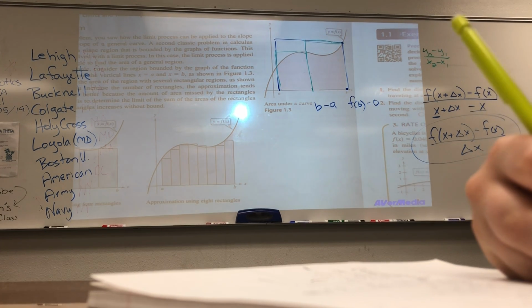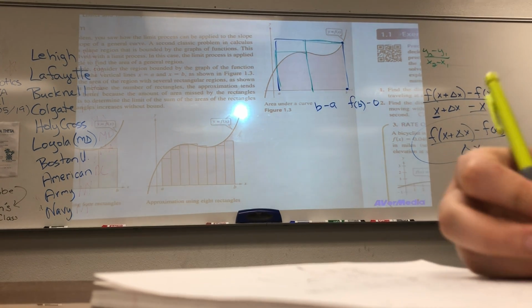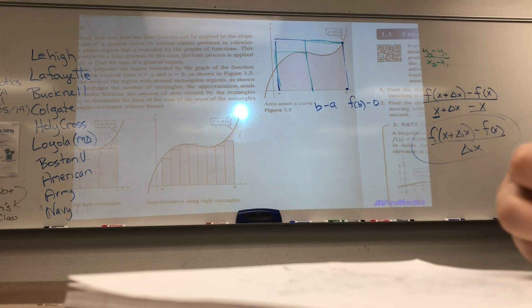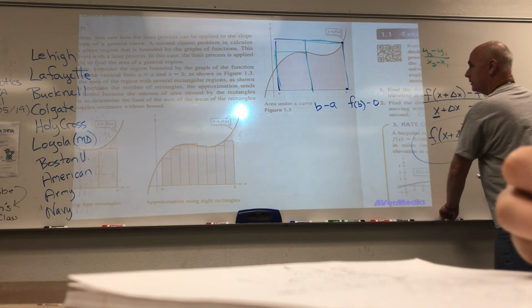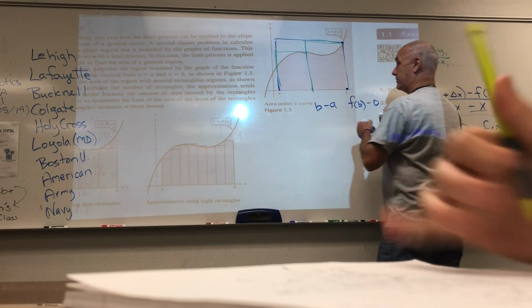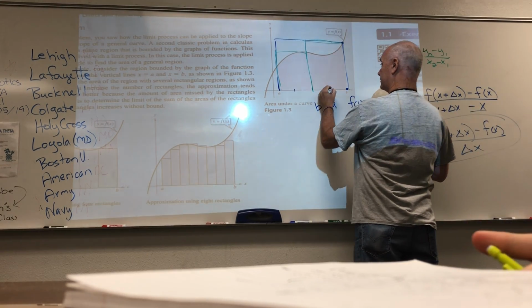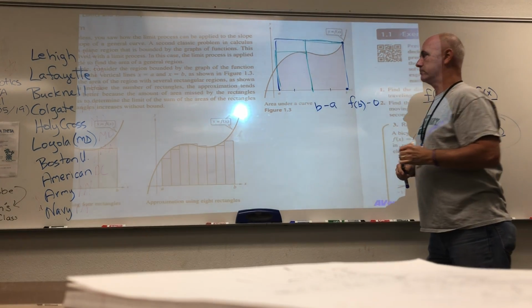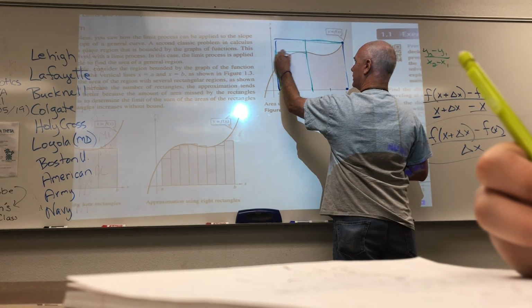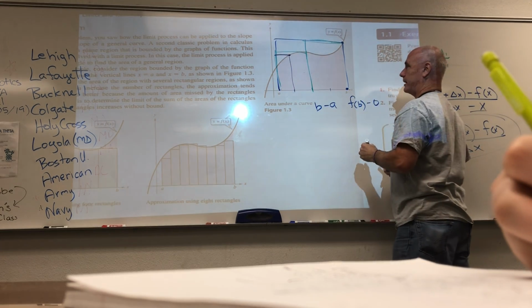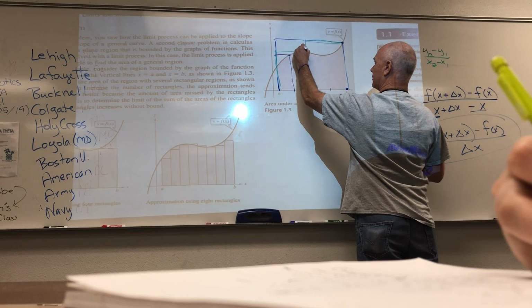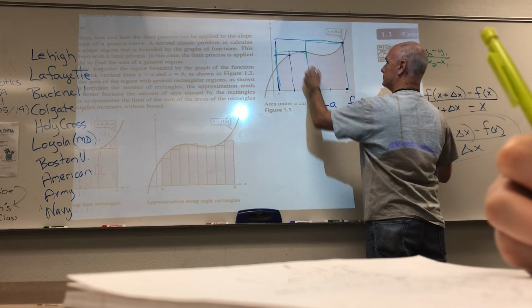What would make it even better? More rectangles, right? So let's say we did 4 rectangles instead of 2. So now we go to here, we go over, we go down, okay? Then we go to here, we go over, we go down.